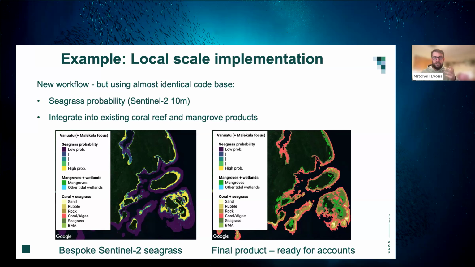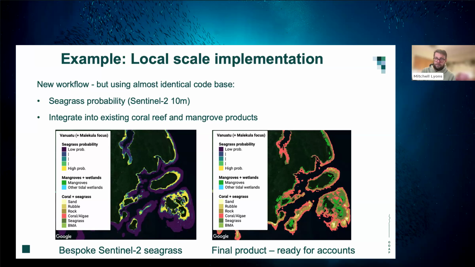So now you can see on the left there, that's a model of seagrass probability of occurrence. And so when we choose an appropriate threshold there, we can combine all of those individual products now, the mangrove, the original coral stuff, plus our new seagrass product. And we now have a product here which is ready to start doing at least our extent component of the accounts.